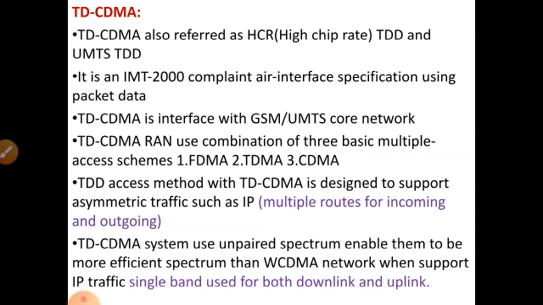Suppose instead I go for paired spectrum, it uses two separate bands. One band is used for uplink and one band is used for downlink. Compared with paired spectrum, the unpaired spectrum consists of only one band, used for both the downlink process and the uplink process. The main advantage of this unpaired spectrum is that it provides a more efficient spectrum compared with the WCDMA network.